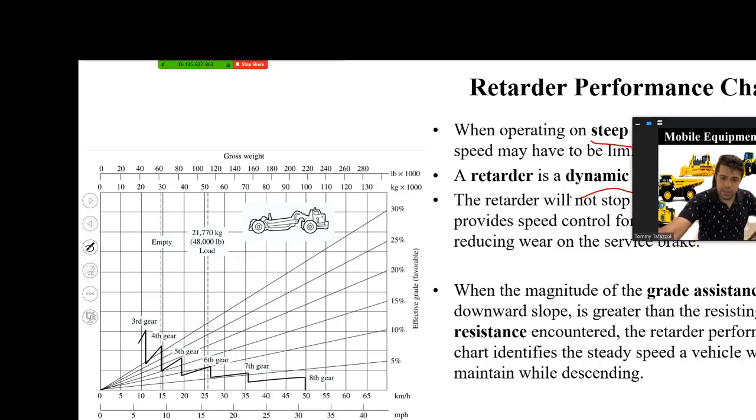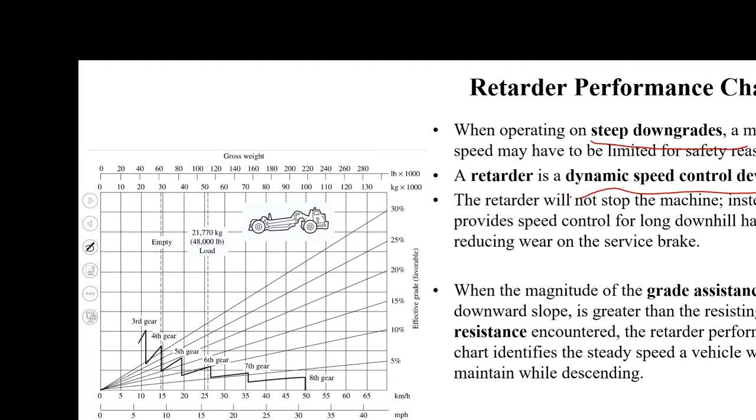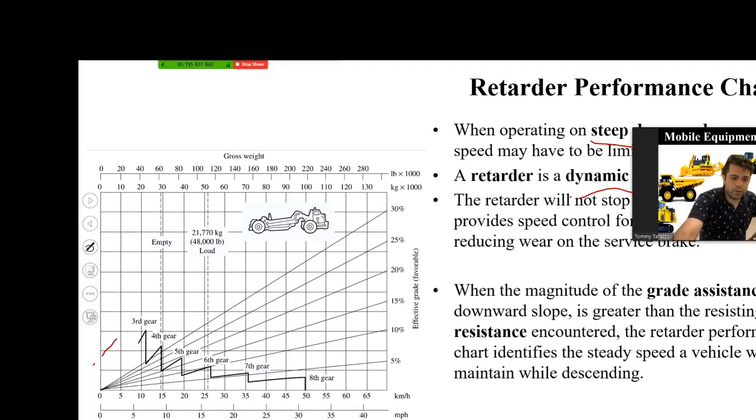As you can see, there is no rimpull here, so there's no information here. All the information you need are these lines, depending on how steep the downhill is.